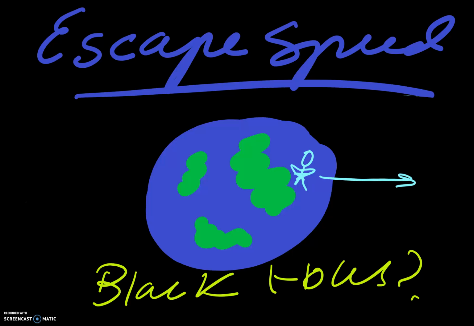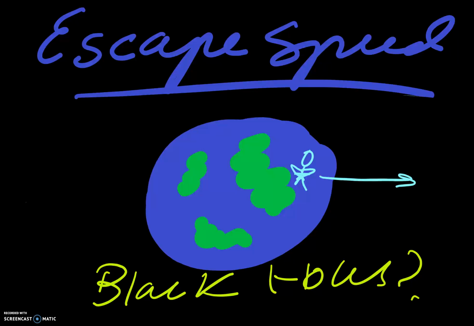So how does escape speed relate to black holes? Well, a black hole can exist in any location where the density of matter is so large that the escape speed around this location equals or exceeds the speed of light. So what do I mean by that?